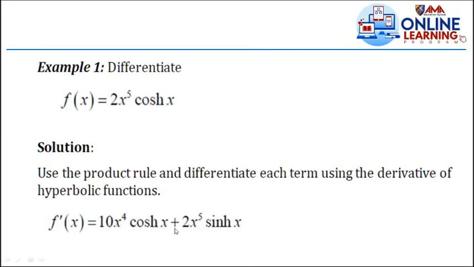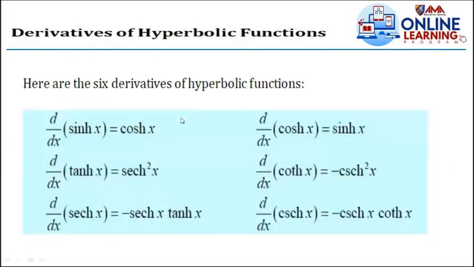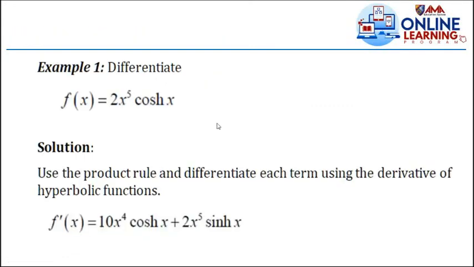Plus u, this is our u, 2x to the 5, and derivative of cosine h x from our formula is positive sine h x. So from our formula, v du plus u dv, our answer is 10x to the 4th cosine h x plus 2x to the 5 sine h x. So that is our answer.